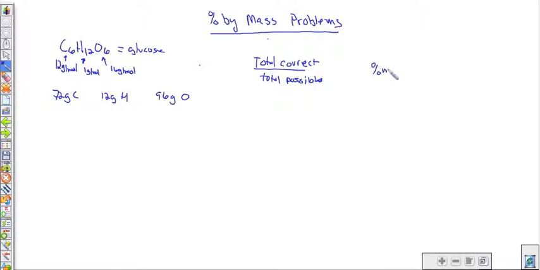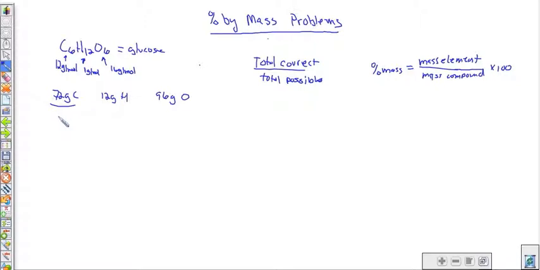So here's the formula for percent by mass. Percent mass of any compound is going to equal the mass of the element divided by the mass of the compound, times 100. All right, so let's just put this in. Pretty simple.